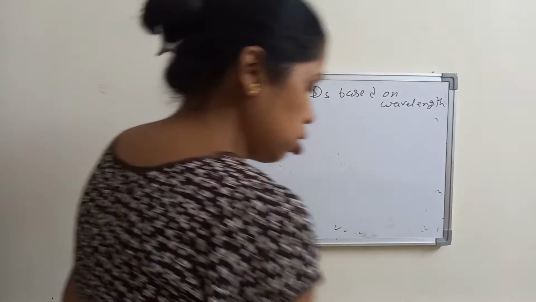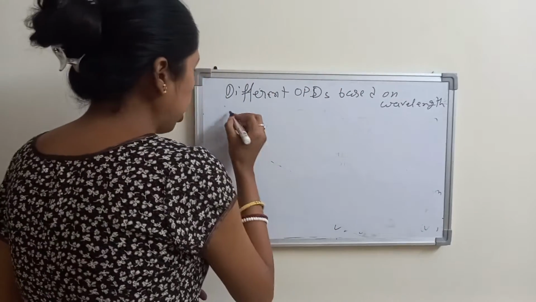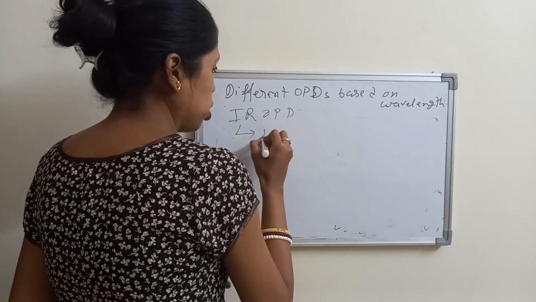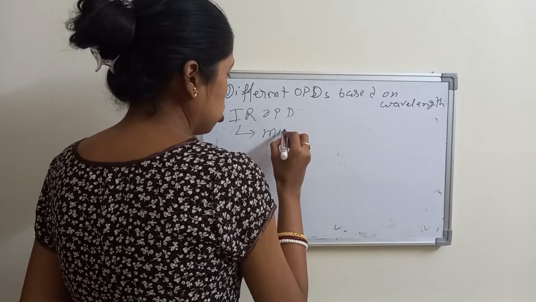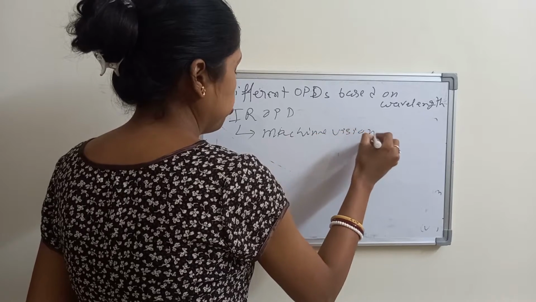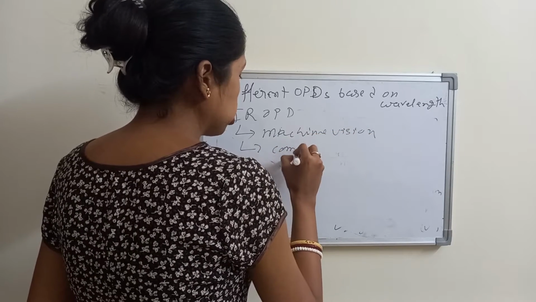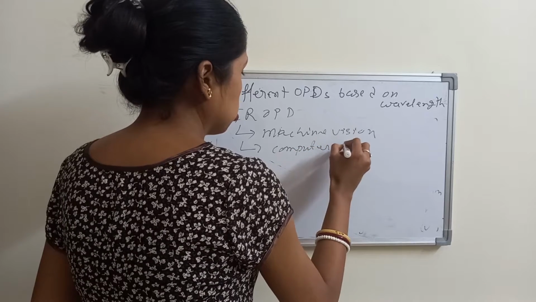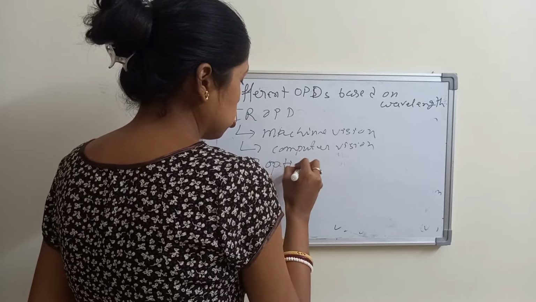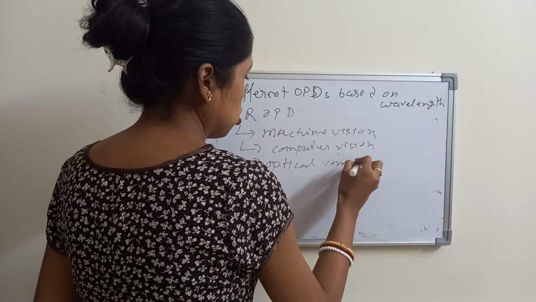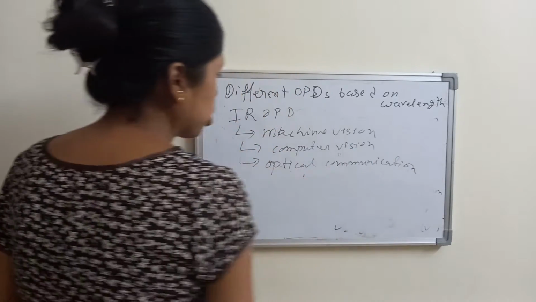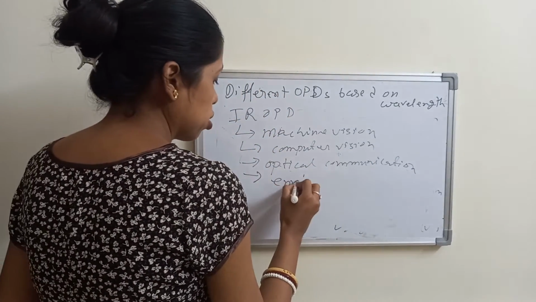Next is the infrared, IR OPD. Applications of the IR OPD are machine vision, computer vision, optical communication, and environmental monitoring.